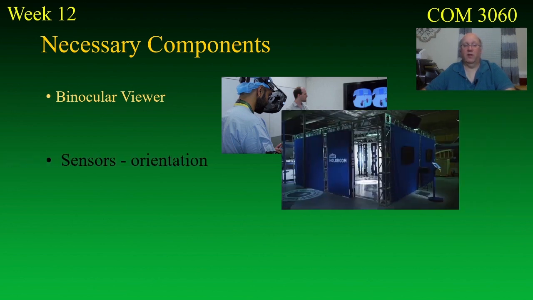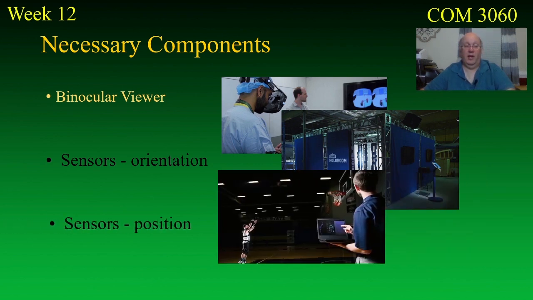Then you need some sort of sensors to figure out how you're oriented, meaning that if you're looking over here, the computer's got to know that you're looking over there, and then it's got to adjust your view accordingly. And it has to know your position. So if you're moving around the room, if you've got something like full immersion, it's got to be able to keep track of that, which is a necessary component.